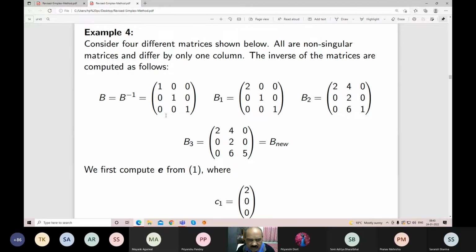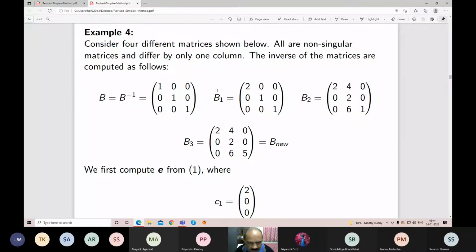They are identity matrix. So if you compare B and B1, what is different here? Now compare B and B1. What is the difference? The first column. First column is different.